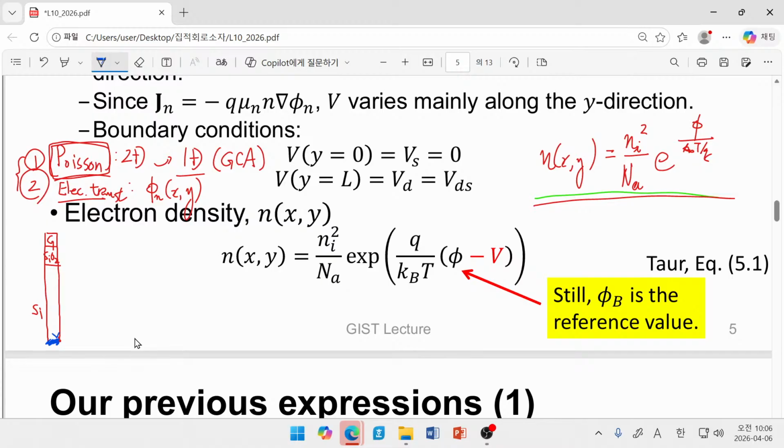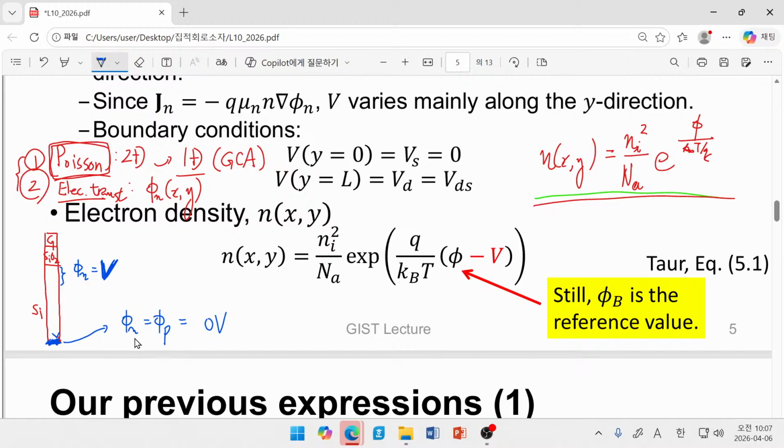In our new configuration, it is still true that phi n and phi p should be 0 at this deep substrate, as we have already discussed. And in the case of our electron quasi-Fermi potential, now we have phi n equal to V, the one shared by all our channel electrons.